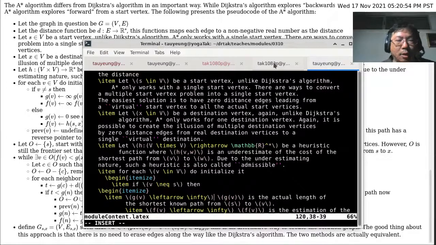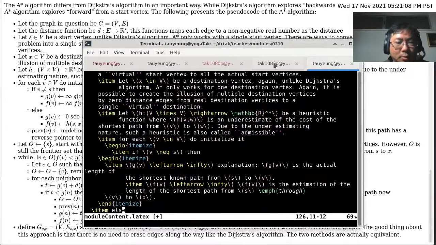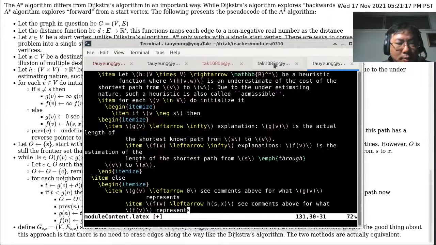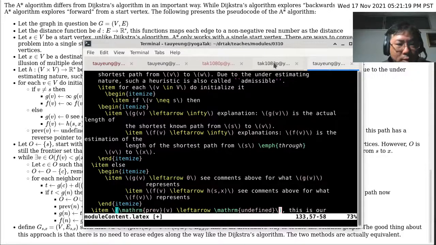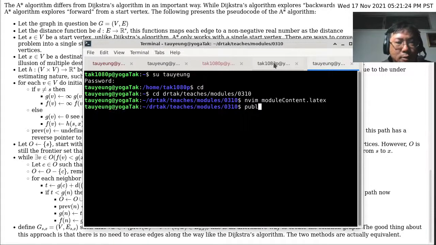I can use a slash slash, a colon, a pound sign, or I can just say explanation colon. There we go. I think that should be clear enough, hopefully. We'll put one over here too, explanation. Let me see if I have anything like that later on. Probably not. Okay, there we go. I'm going to republish this particular module.